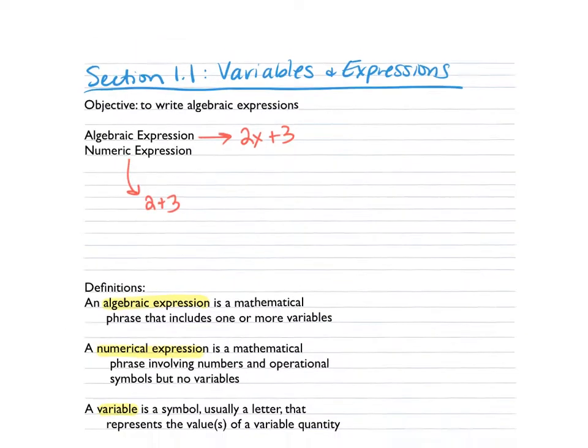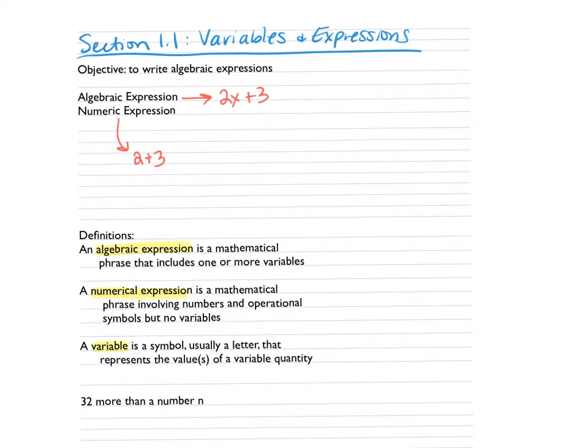And here are the definitions here in your notes. An algebraic expression is a mathematical phrase that includes one or more variables. Anything like even ones like 3yz cubed plus 9x, anything that includes one or more variables.